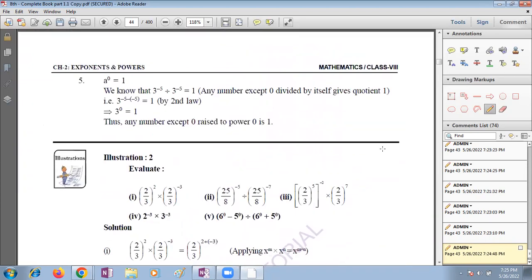Question number 2, children, do you observe anywhere that the bases are the same? 2 by 3, yes, ma'am. What should we do if bases are the same in the product rule? We need to add the exponents. Yes or no? If you add the exponents, what is the answer, children?